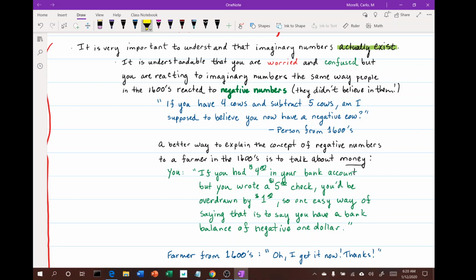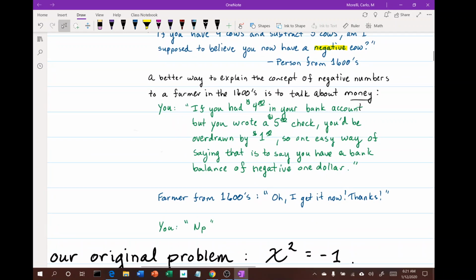This is what someone from the 1600s might say to you. If you have 4 cows and subtract 5 cows, am I supposed to believe you now have a negative cow? Because that sounds ridiculous, right? Well, here's the thing, that's exactly what we mean. But back then, they had no concept that there could be this negative value.